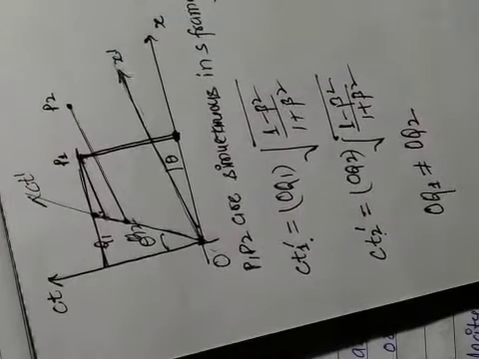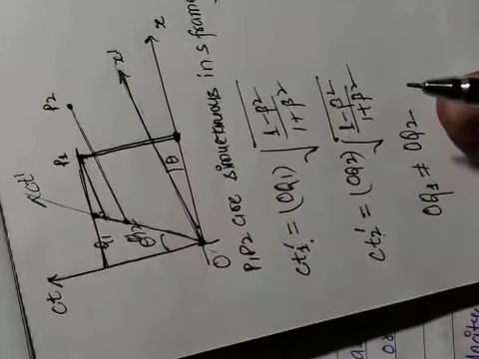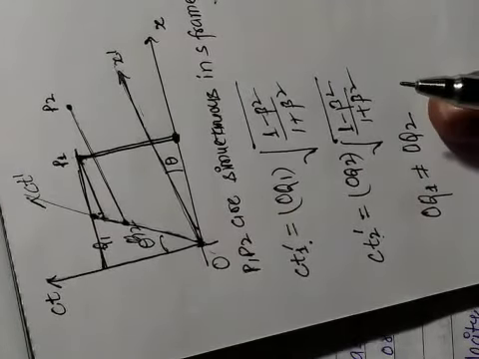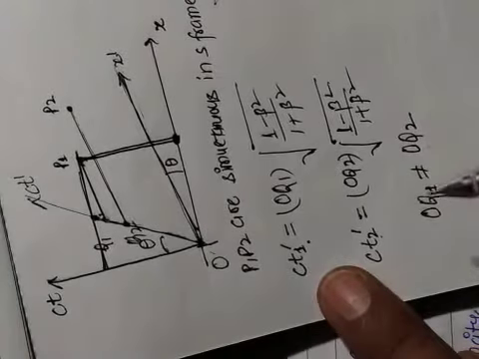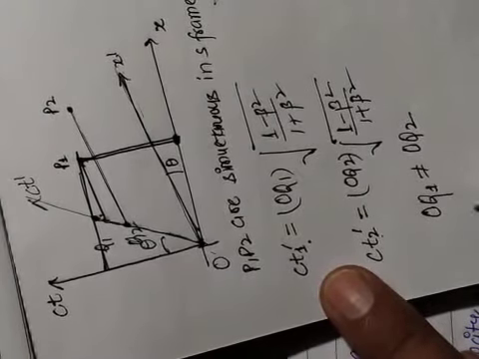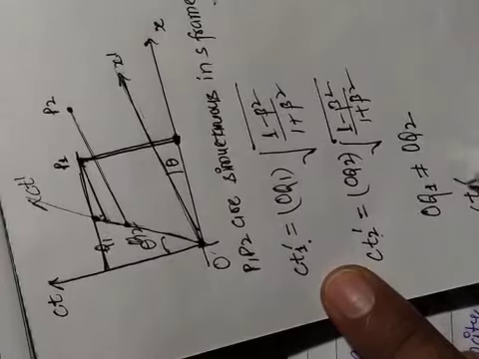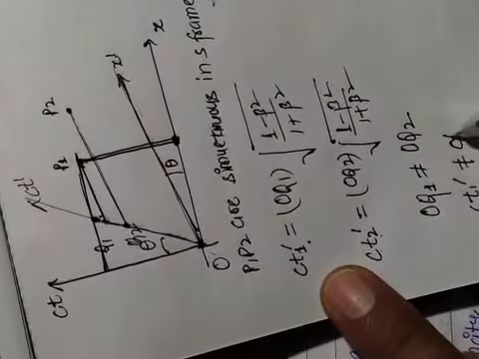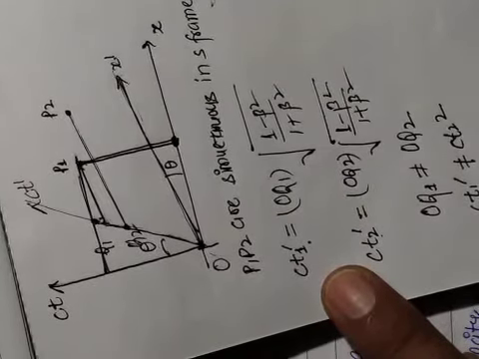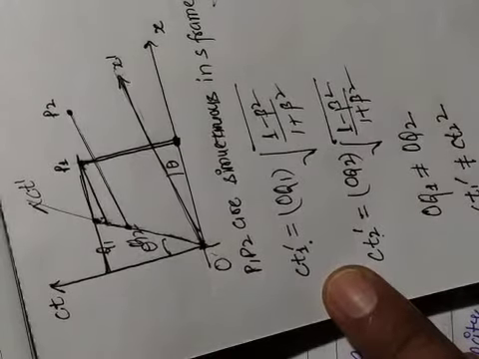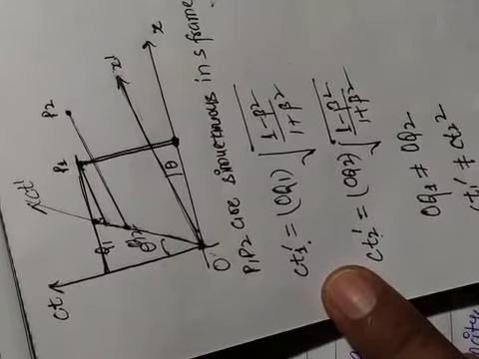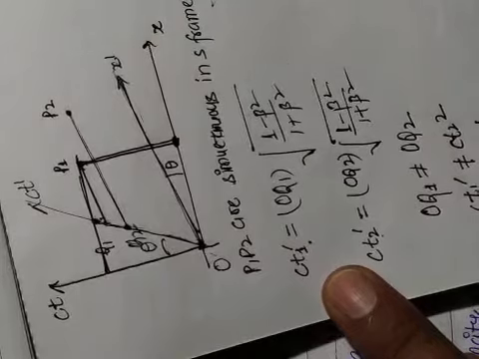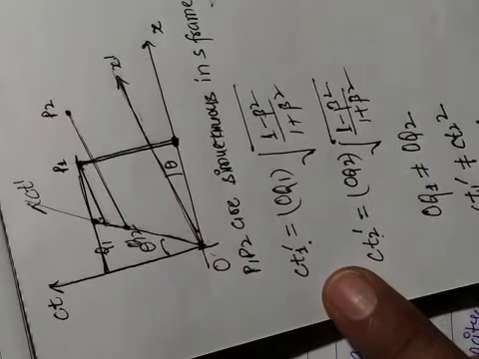So OQ1 is not equal to OQ2. Hence this results in CT1 prime not equal to CT2 prime, or you can say T1 prime is not equal to T2 prime. The times are not equal.